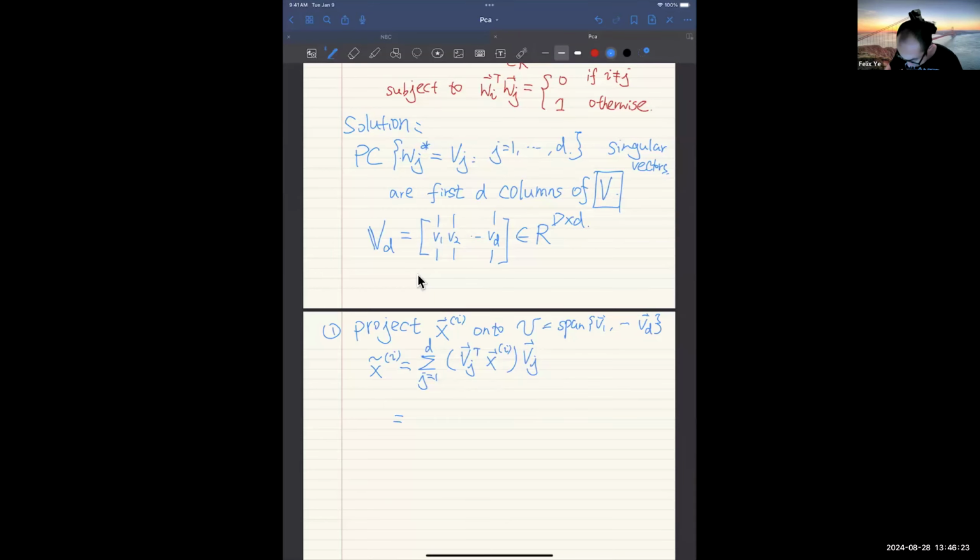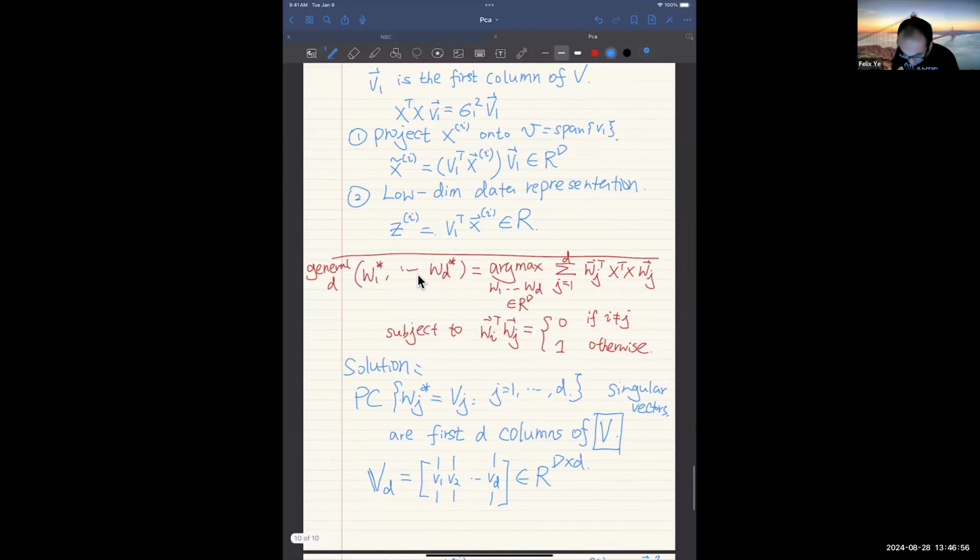Using the V matrix defined above, just take the first d columns of V, and multiply by the transpose times X of i. So this is still in R^D right here.